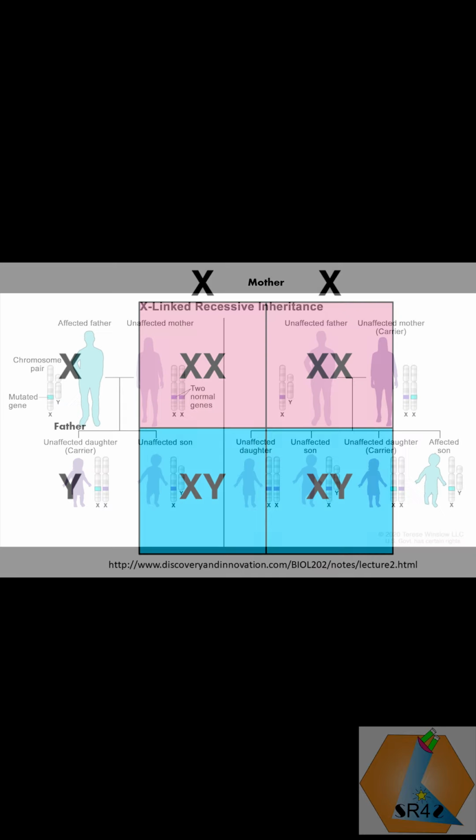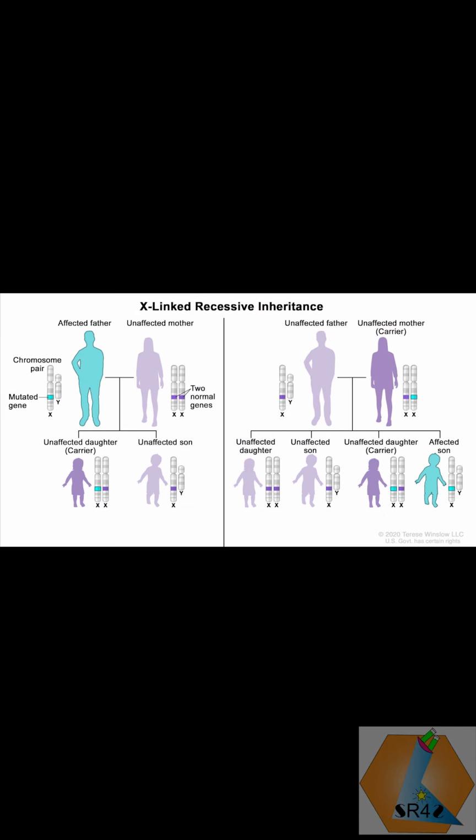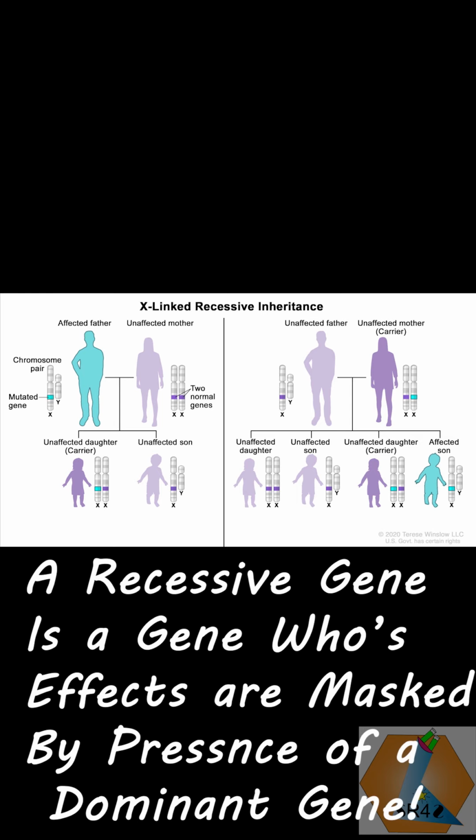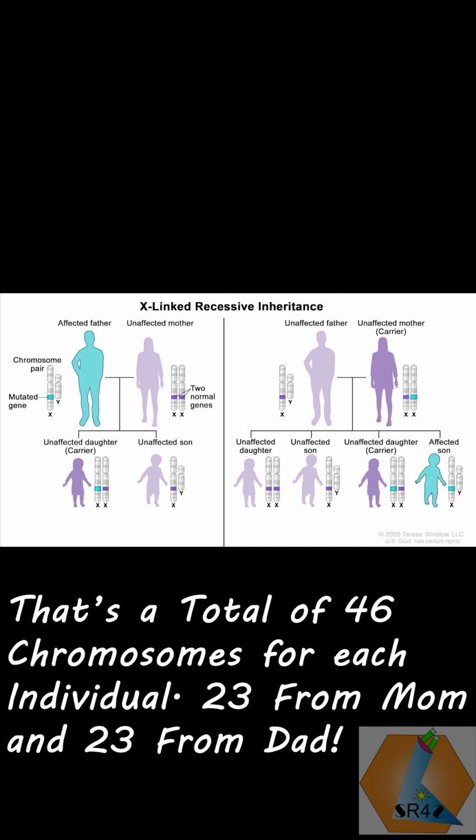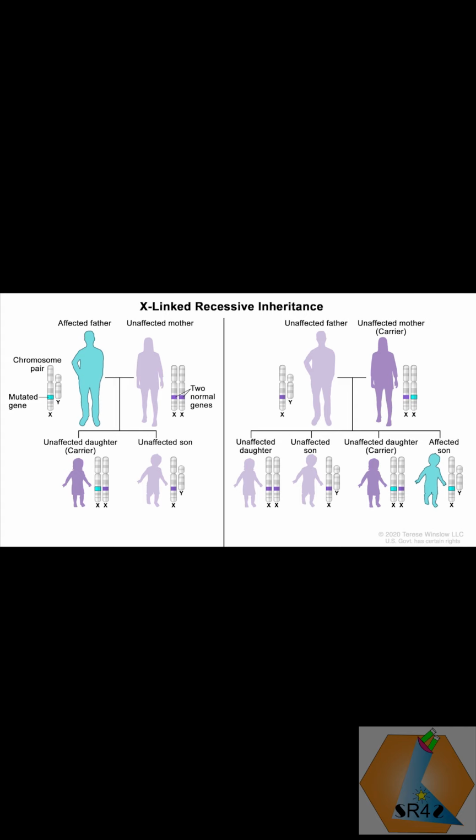And so if you look at this diagram, you have X-linked recessive inheritance. And so when we talk about inheritance, we talk about the genes that are being passed from a parent to an offspring. And so what happens is your mom and your dad each are going to give you 23 chromosomes. And so those chromosomes will combine to supply you with the 46 chromosomes that you need as a human being.